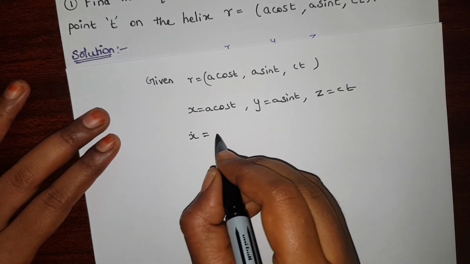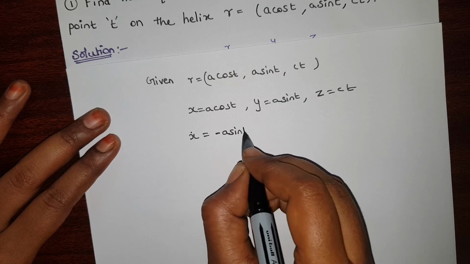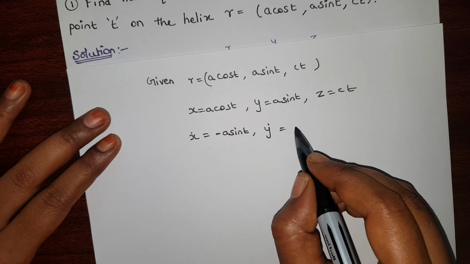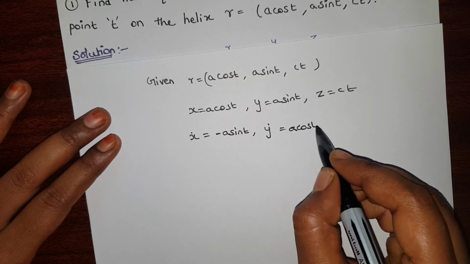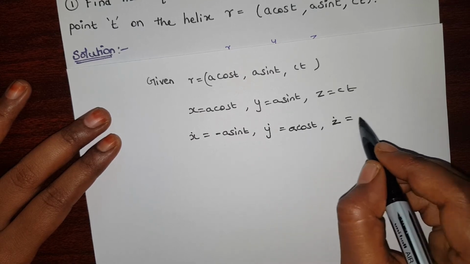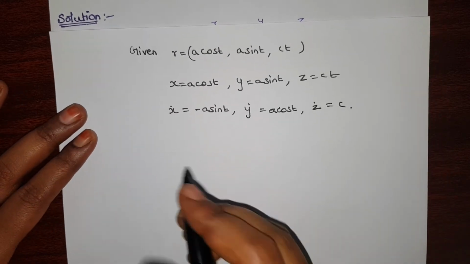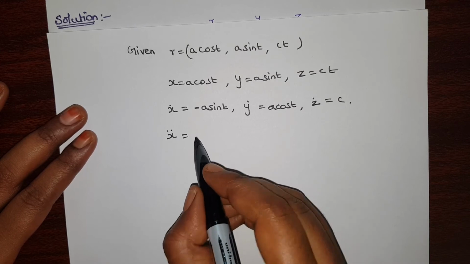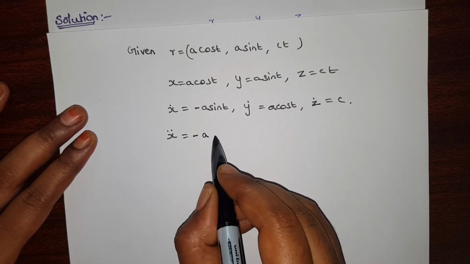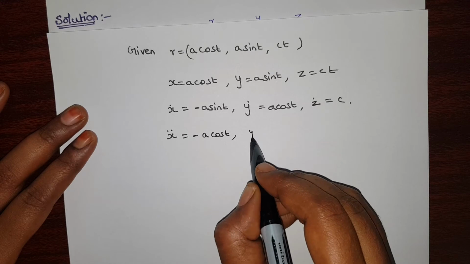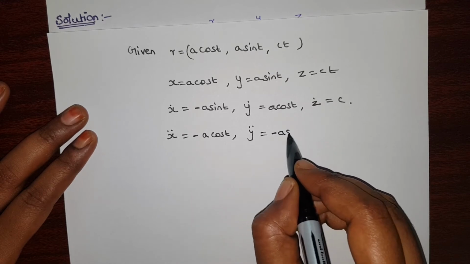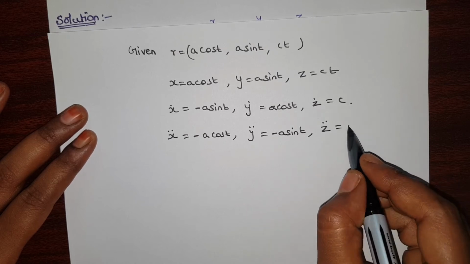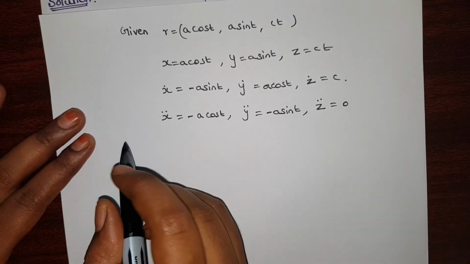Differentiating with respect to t, x dot is minus a sin t, y dot equals a cos t, and z dot equals c. Differentiating again, x double dot is minus a cos t, y double dot is minus a sin t, and z double dot is 0, since the t term is not present.